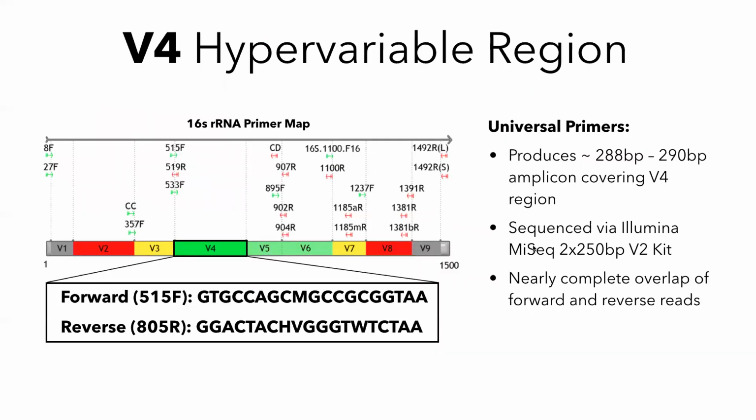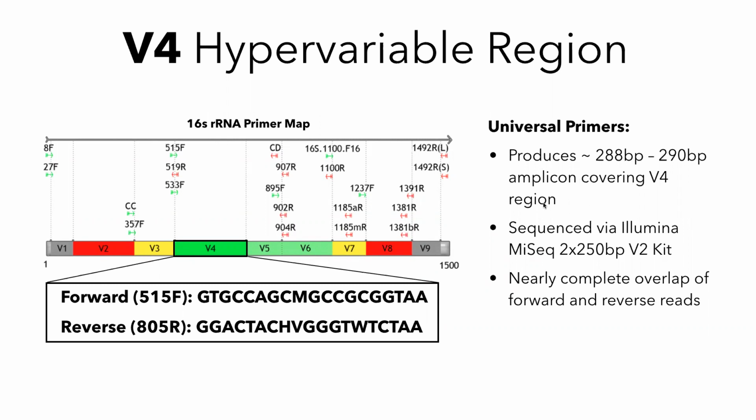The hypervariable region number 4, for example, so you can see it right here, can be amplified using these specific primers. So these are going to be used in the library prep, and you can see that as a result, we will get these 288 to 290 base pair long amplicon covering the V4 region.